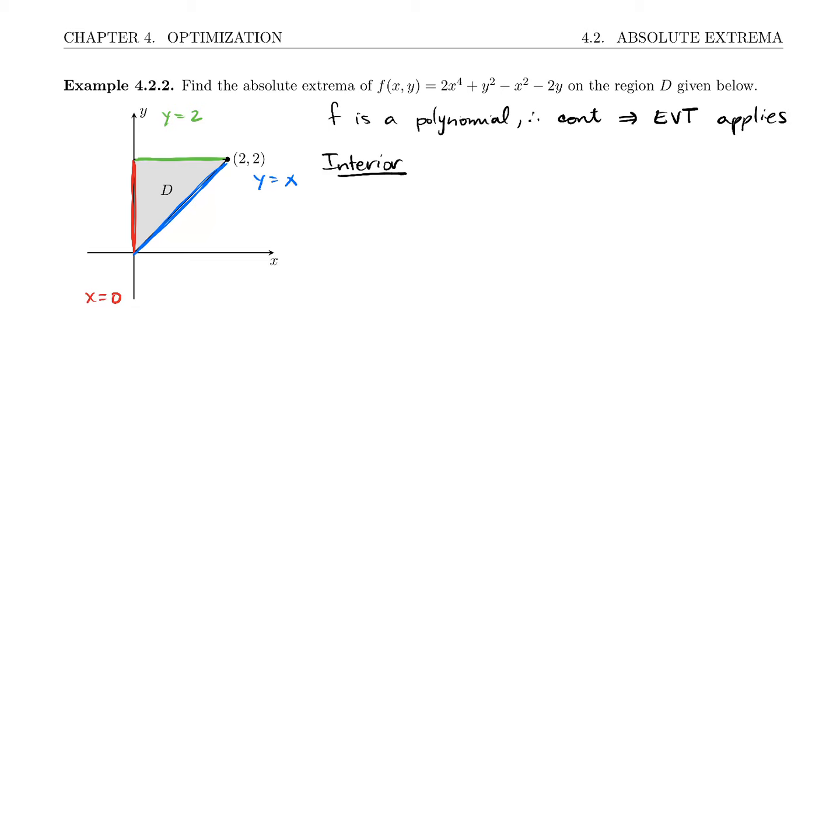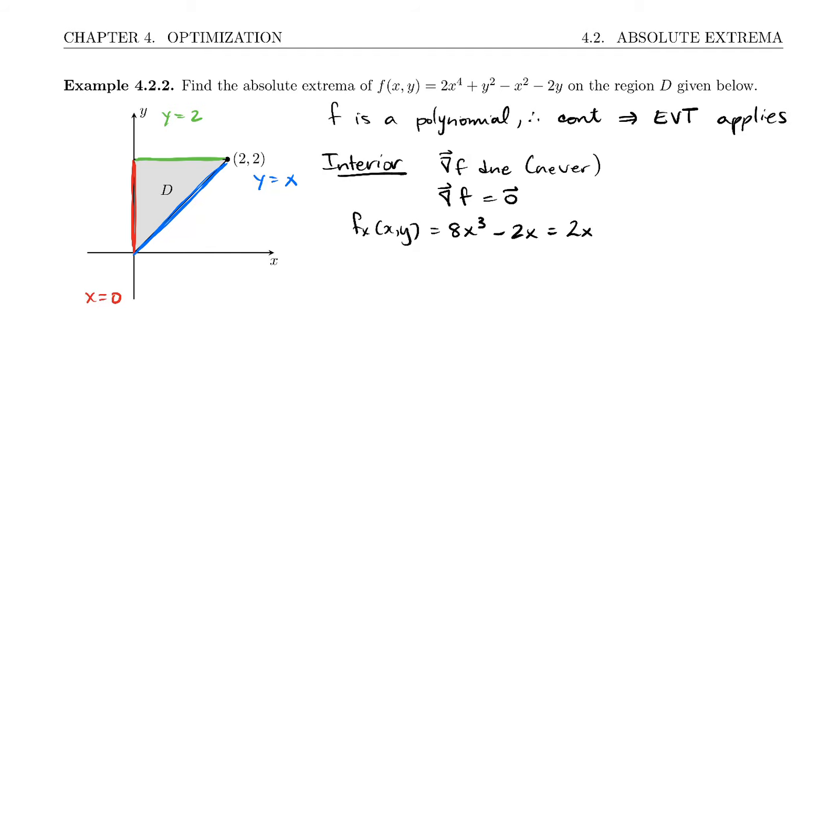And in the interior, we're looking for places where either the gradient of f does not exist, f is a polynomial, so that's never, or places where the gradient of f equals 0. For that to occur, we need both partials to be 0. So f_x(x,y) is 8x^3 - 2x, which we can factor.